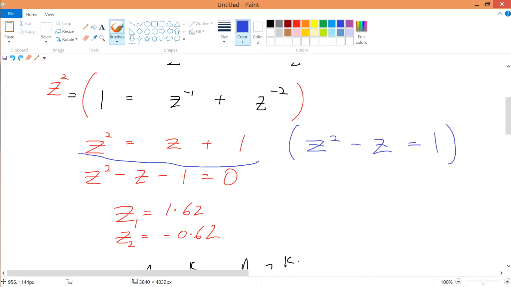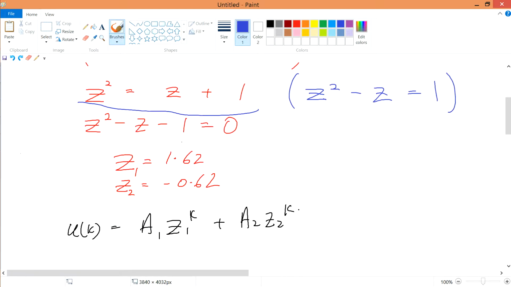For example, if I were to sub in z1, because since we already found z1, we can sub in into this z. The outcome I will have, maybe I should calculate and show for you, is like this. z squared is simply 2.62, while z is 1.62, which is what we found, and the outcome is equals to 1.